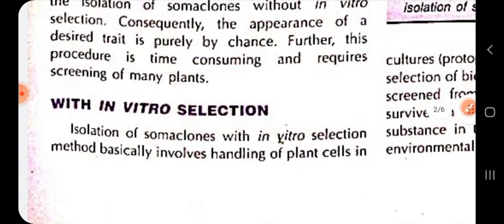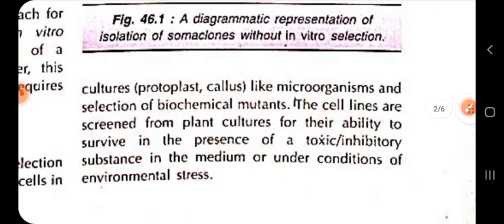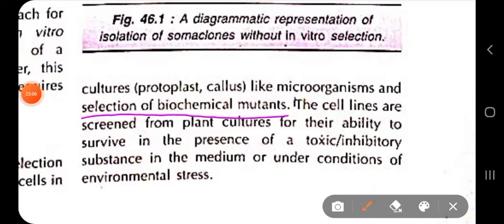Now, with in vitro selection, isolation of somaclones basically involves handling of the plant cells in culture. You take the protoplast, you can use callus culture like microorganisms, and then we have to use certain selection agents.